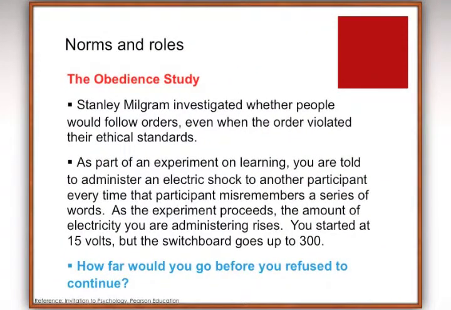There is a famous study, the obedience study, which illustrates the power of roles and norms in affecting human behavior. Researchers investigate whether people would follow orders, even when the order violates their ethical standards.